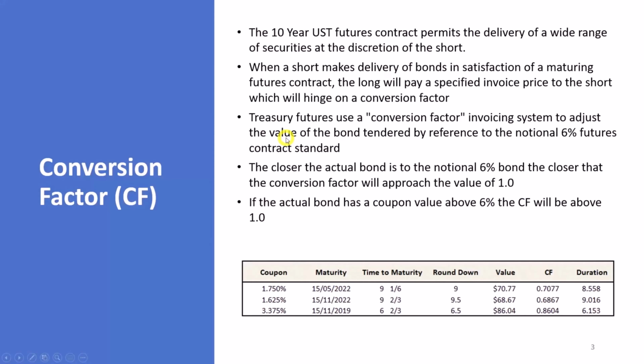One of the most important features with regard to the way that one would, say, settle or deliver against a position in the US Treasury futures market is that one needs to take into account something known as the conversion factor. Basically, there are obviously many different kinds of Treasuries extant or out there at any point in time, with different times to maturity, different coupons.